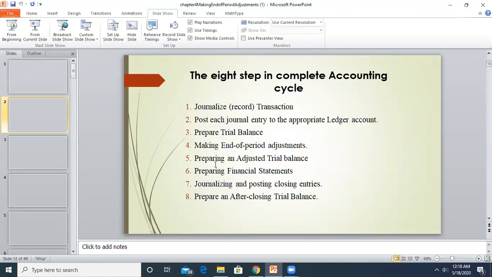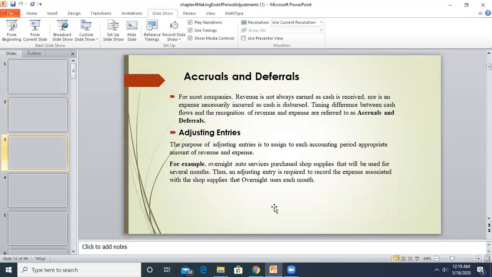Fifth, now we are on the fifth step, and that is preparing an adjusted trial balance, then preparing the financial statements, journalizing and posting closing entries, and preparing an after closing trial balance. So these are the 8 steps in the complete accounting cycle that we have already discussed many times in the class.